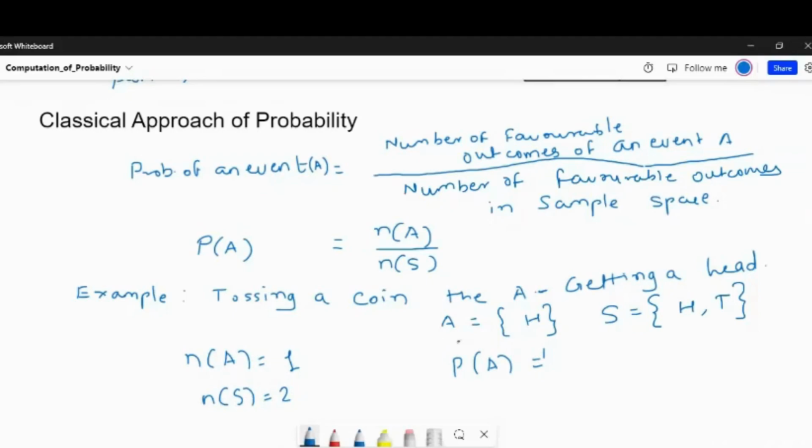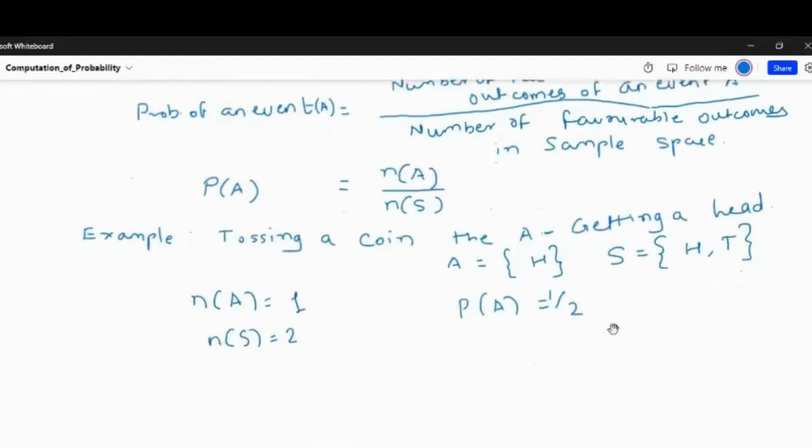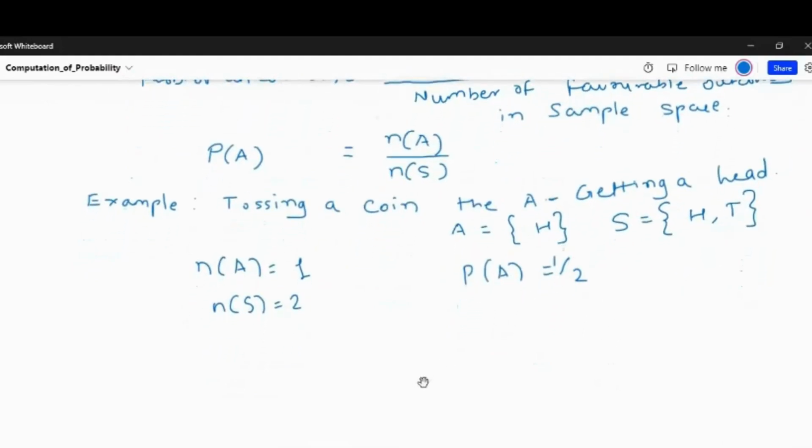This is a very simple example, but you can apply it to all other problems also. So probability of A is 1 by 2. So probability of getting a head is equal to 1 by 2, right? But for this classical approach, there are assumptions, and the most important assumption is equally likely outcomes.